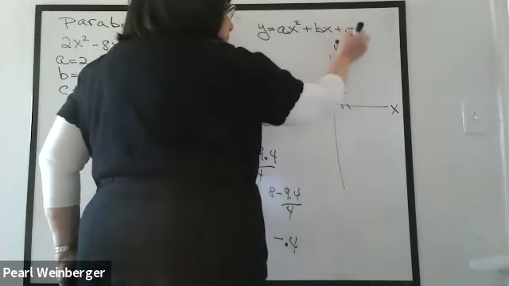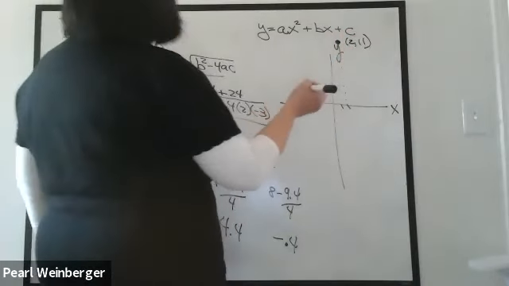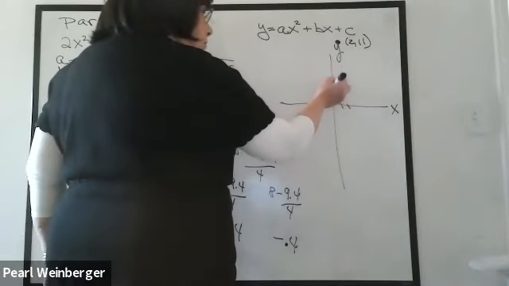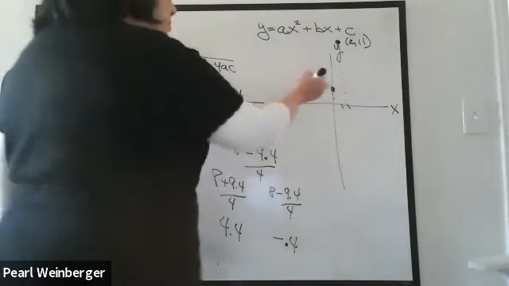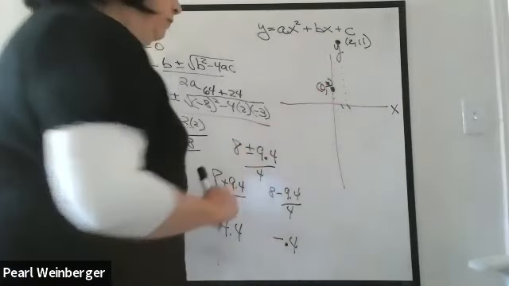Here's my (2, -11). We also said that the y-intercept was negative 3. Now this was the point (0, -3). That's what we had before.